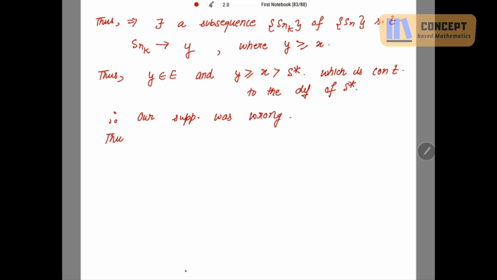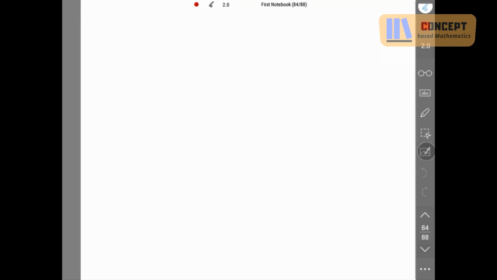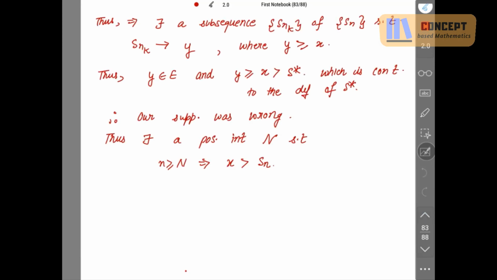Thus, there exists a positive integer n such that for n greater than or equal to this positive integer n, it should imply that X should be strictly greater than Sn. So our supposition was wrong. Alright. Now is the uniqueness part.